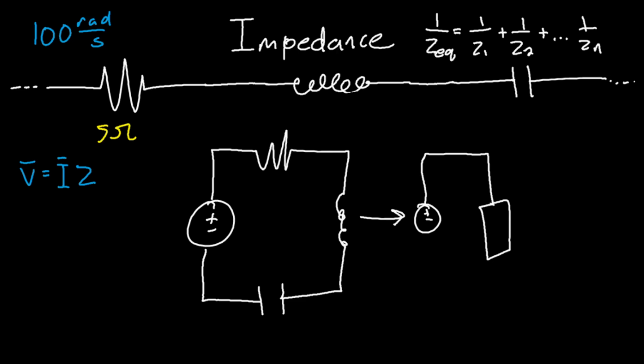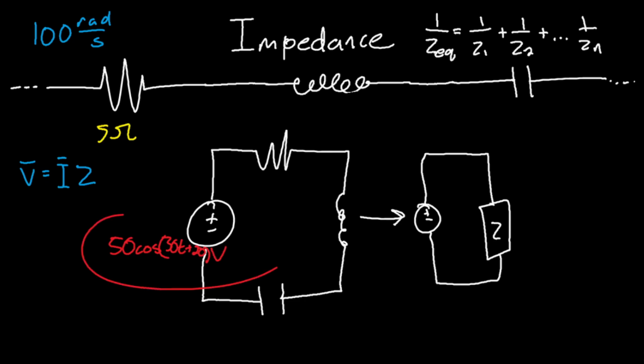Let's call this Z. If this voltage source had, let's say, 50 cosine of 30t plus 20 volts, you could use KVL on this.